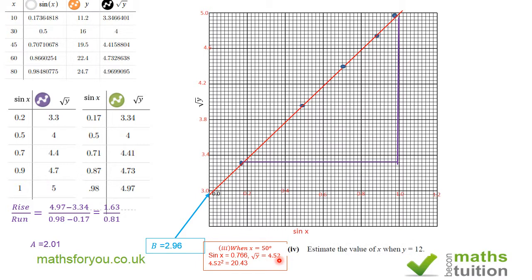Now for part 4, it says estimate the value of x. Don't forget it says estimate, so there's no one answer, there's going to be a range of answers. It says estimate the value of x when y is equal to 12. To find that, we want the square root of 12, which is 3.46.